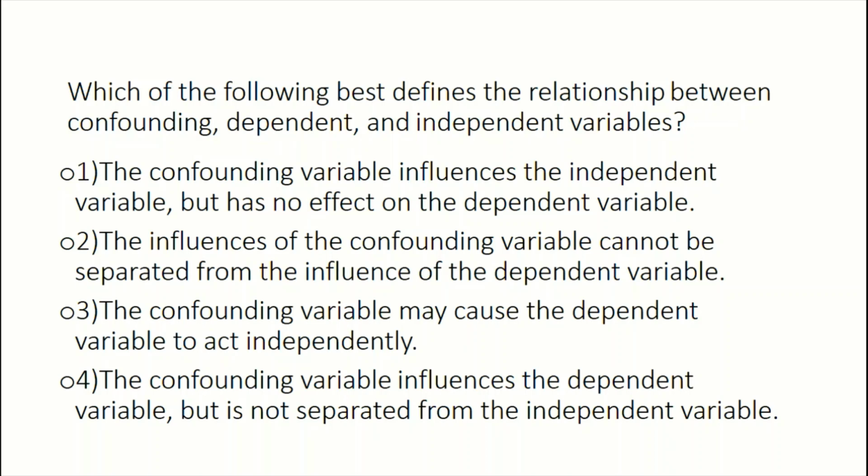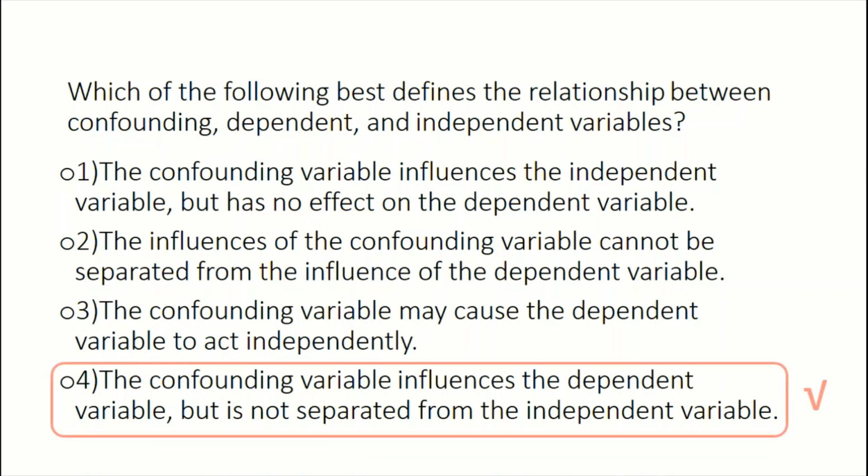It is usually the variable that a researcher is interested in. An independent variable is a factor that is not affected by other variables. It is this variable that the researcher manipulates, and tries to observe how the dependent variable responds. In this case, the confounding variable influences the dependent variable, but is not separated from the independent variable.